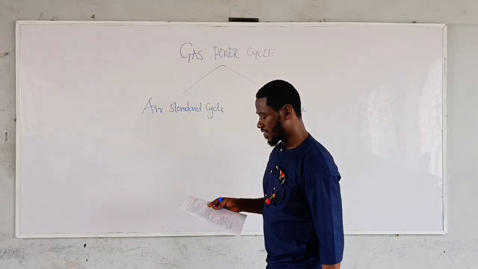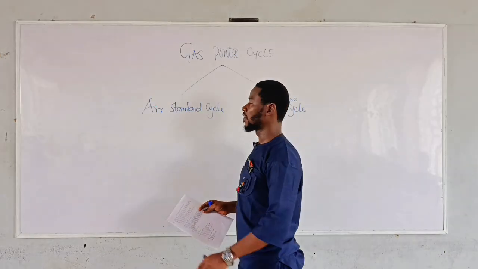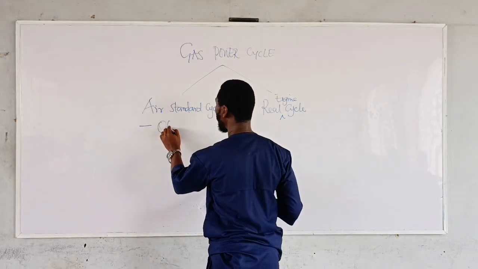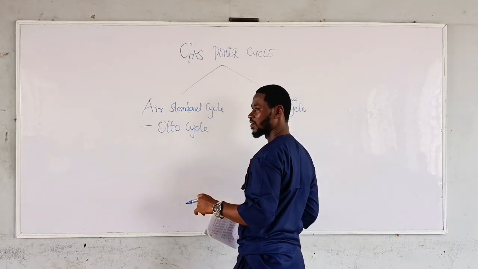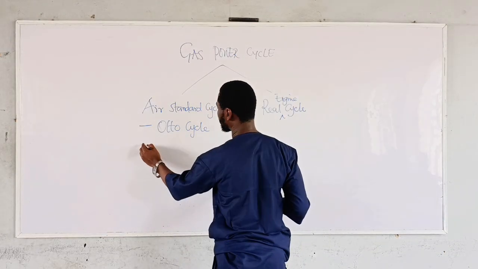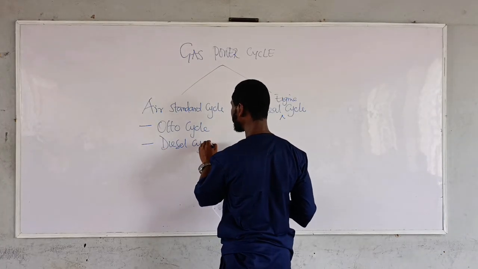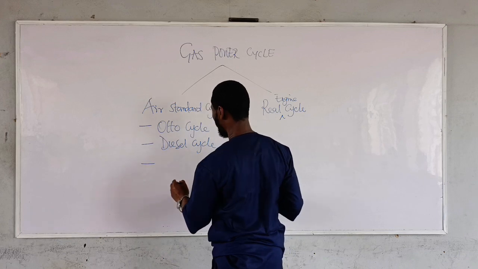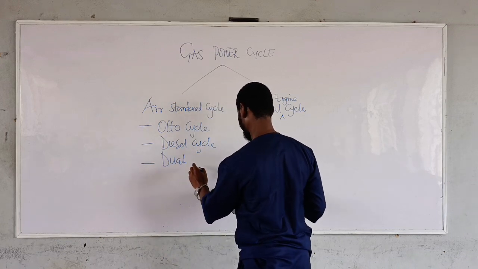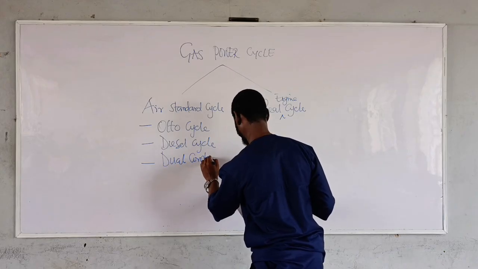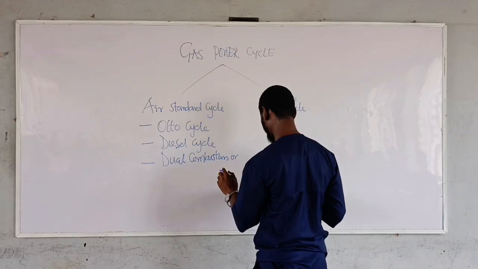Under the air standard cycles, we have the following cycles. The first one is the Otto cycle, which is also known as the spark ignition cycle. We have the diesel cycle. We have the dual combustion or limited pressure cycle.